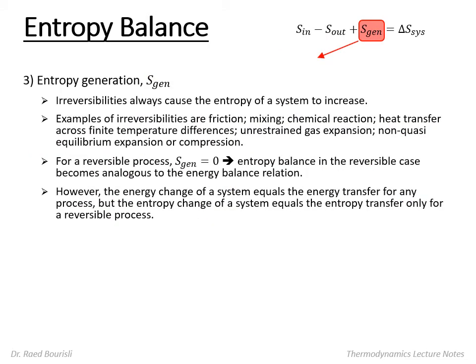Last part of this entropy balance is the entropy generation. This entropy generation term, we can make the following comments. Irreversibilities always cause the entropy of a system to increase, so this will always be positive.